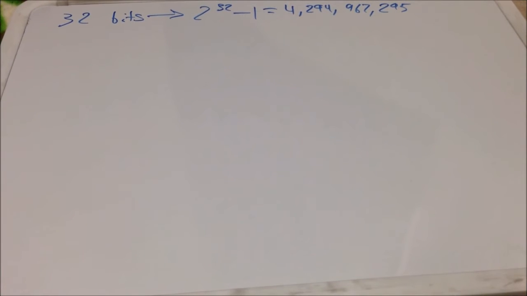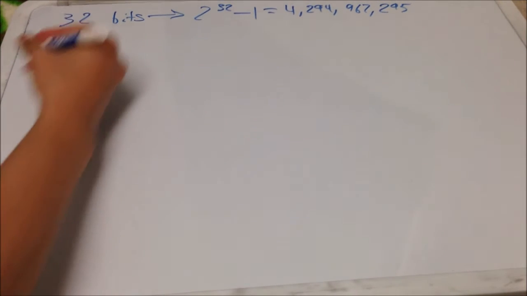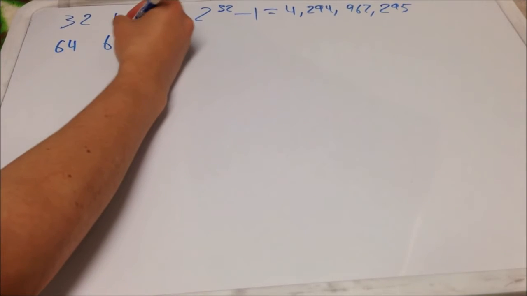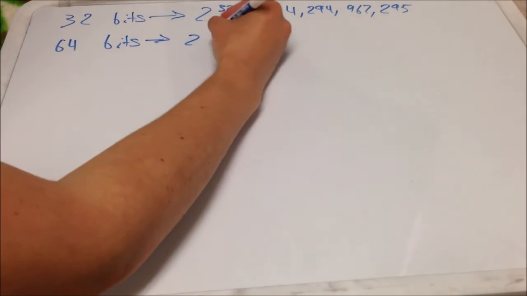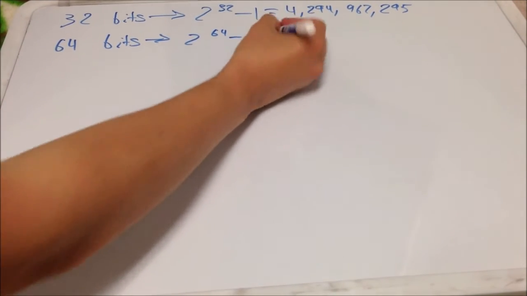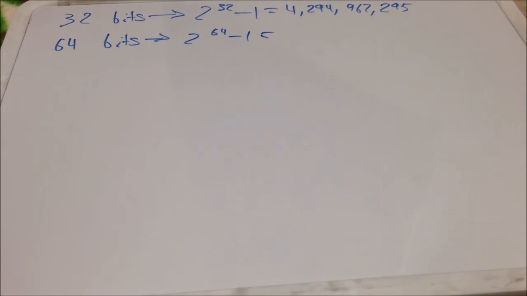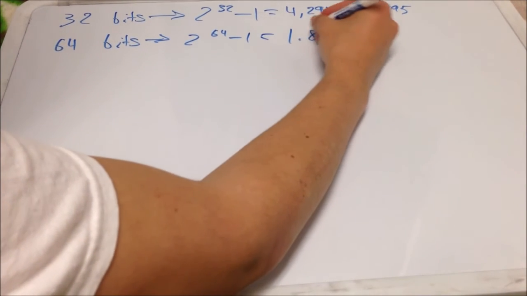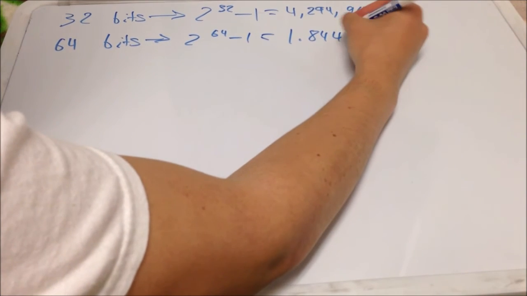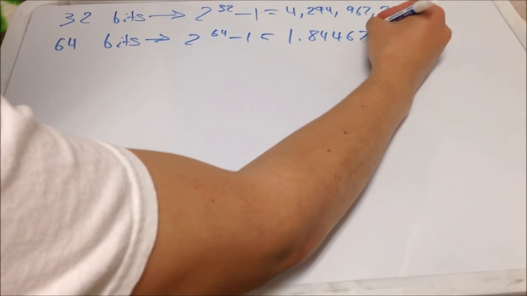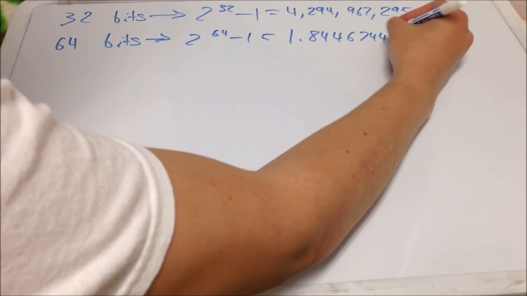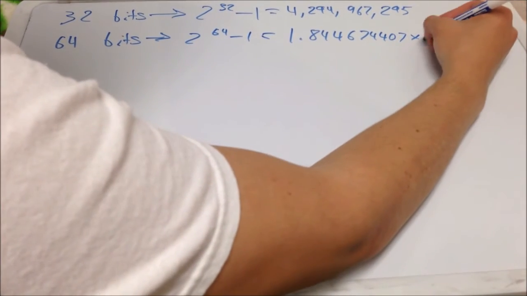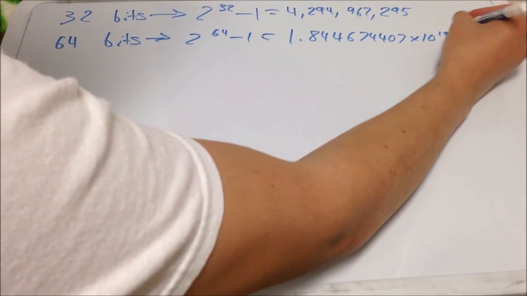But if you want to go more and do 64 bits, that's going to equate to 1.844674407 times 10 raised to the 19th power.